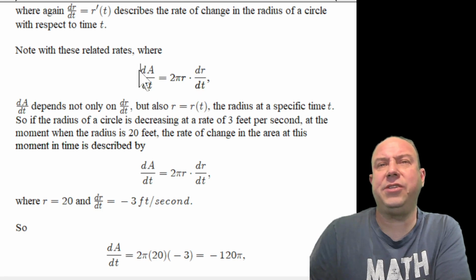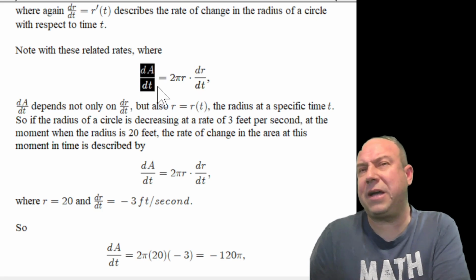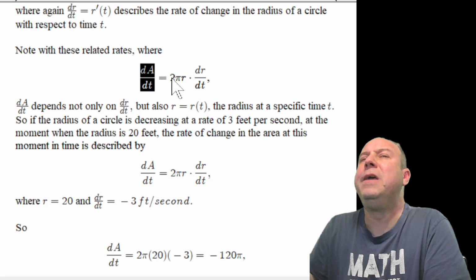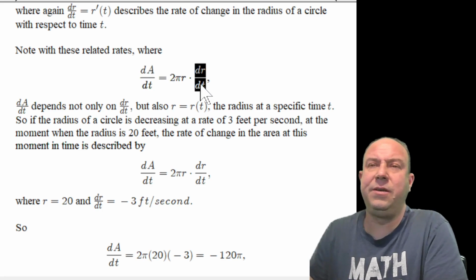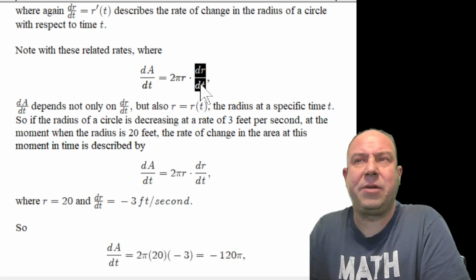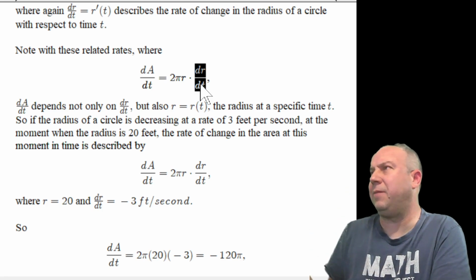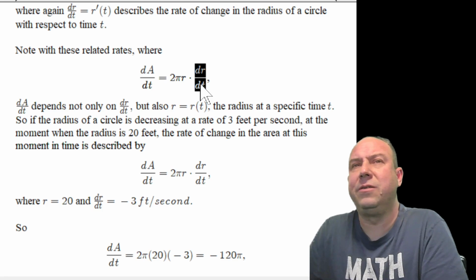The rate of change in the area of the circle with respect to some parameter t is 2 pi r times the rate of change in its radius with respect to that same parameter t. Here we're using time as that parameter.